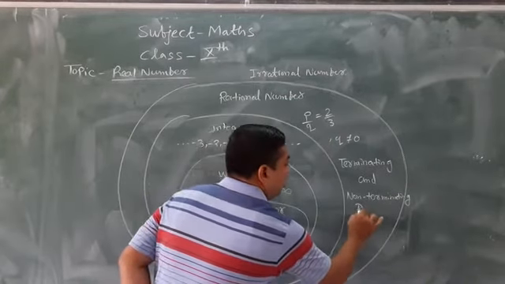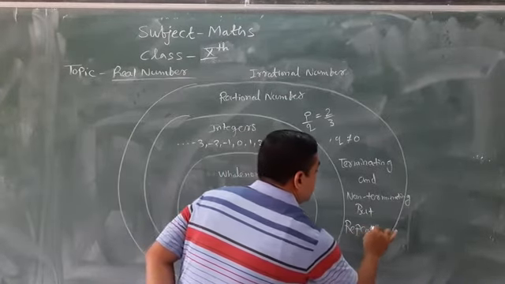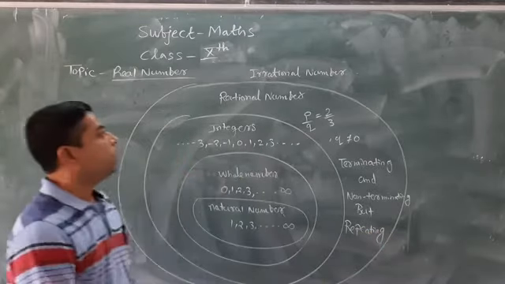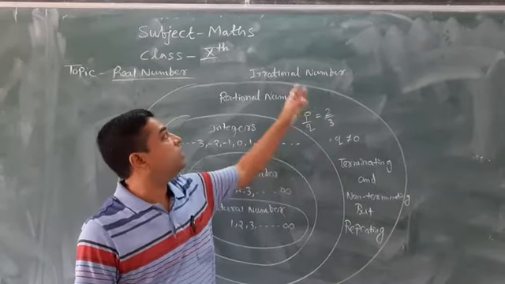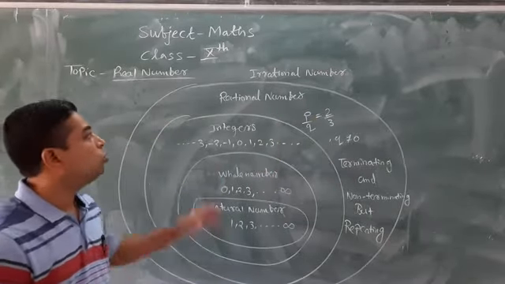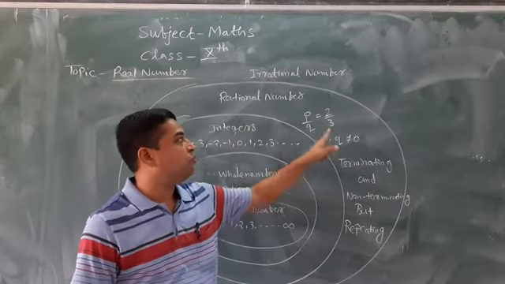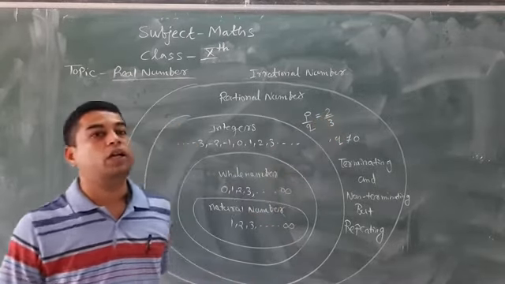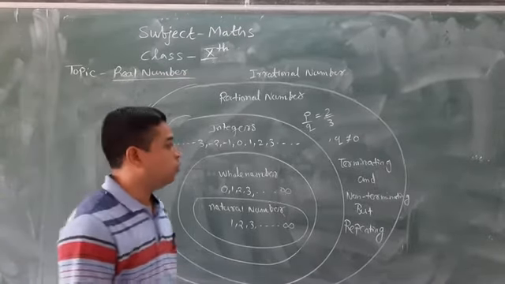To understand the decimal behavior of rational numbers properly, terminating means that when we divide the numerator by the denominator, it terminates after a few steps and we get remainder 0.